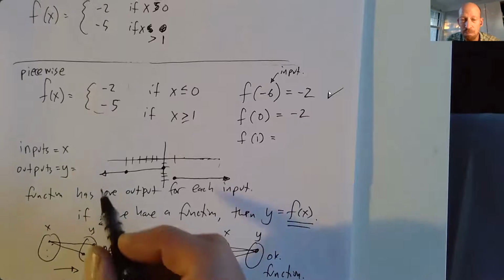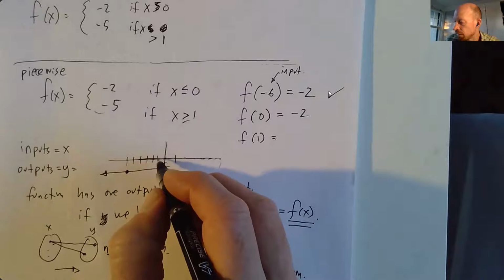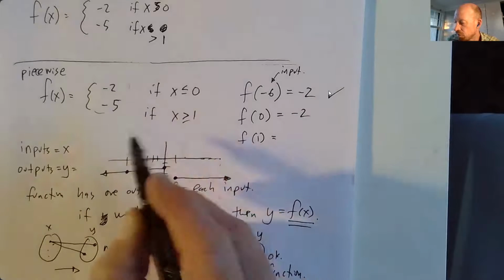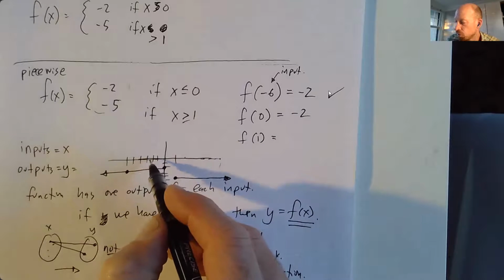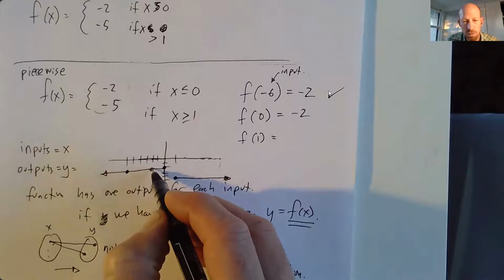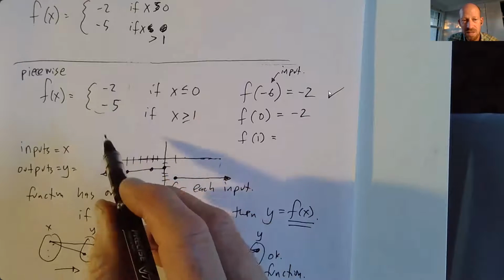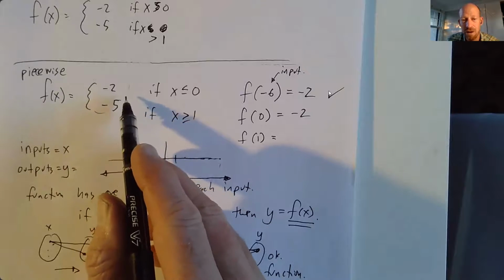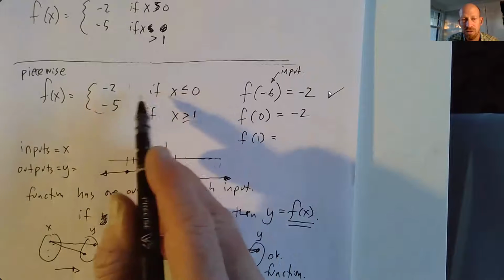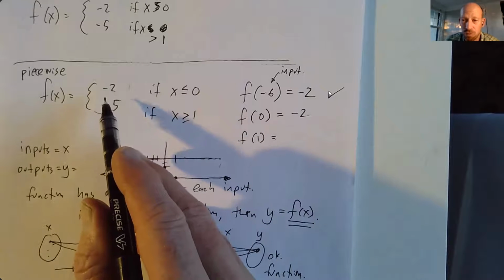Well, I mean, that is a point. So like if you pick a different X value, like -2, you'll also get -2.